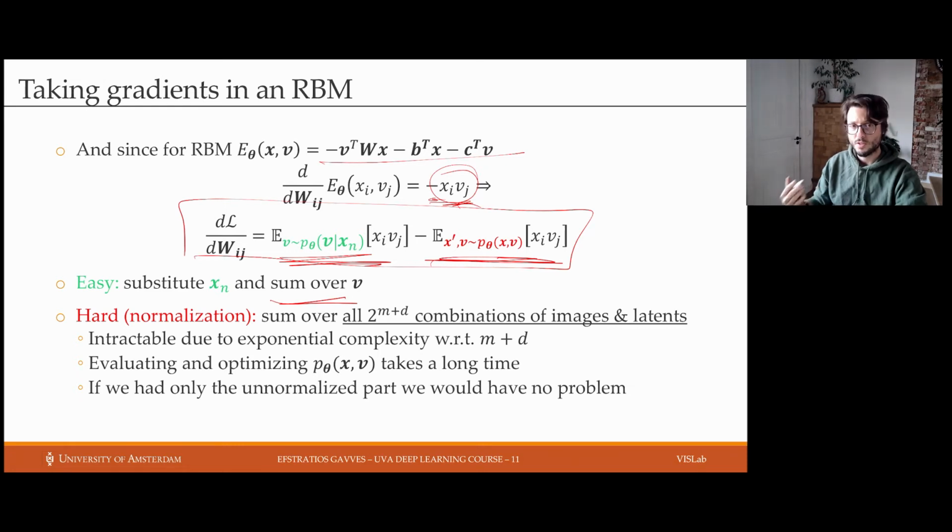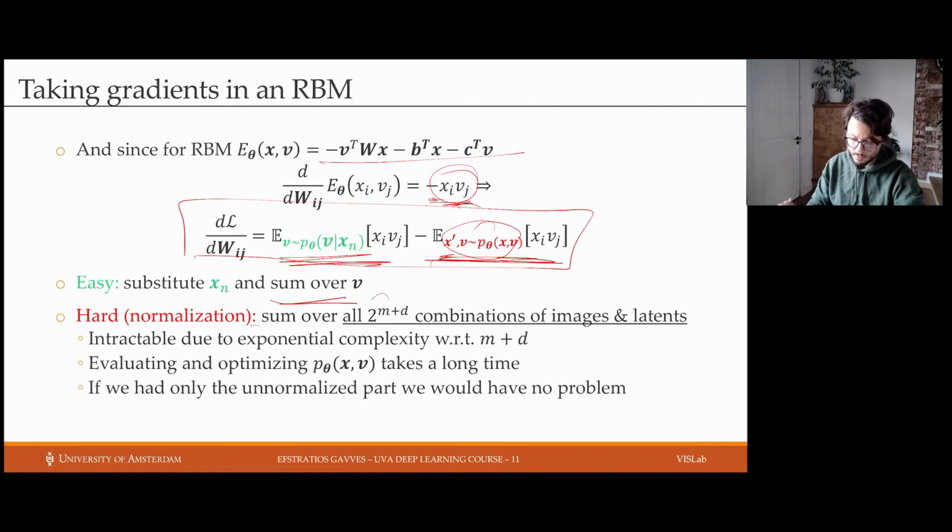It corresponds to the normalization, our partition function, and in the subscript we see that it asks us to sum over all possible combinations of images and latent dimensions. So basically, we need to iterate over all possible pixels and all possible latent dimensions, and flip them one by one in all combinations.